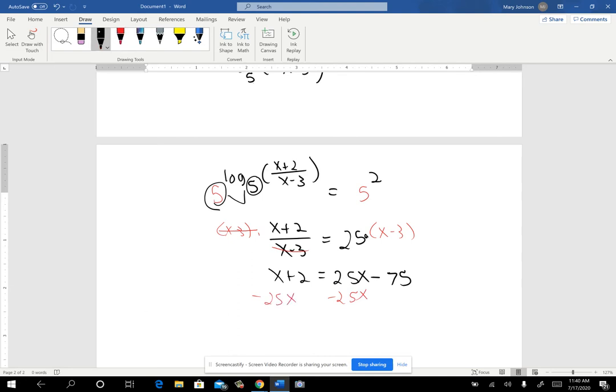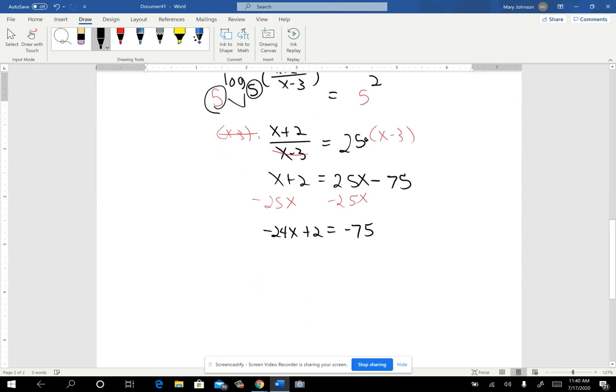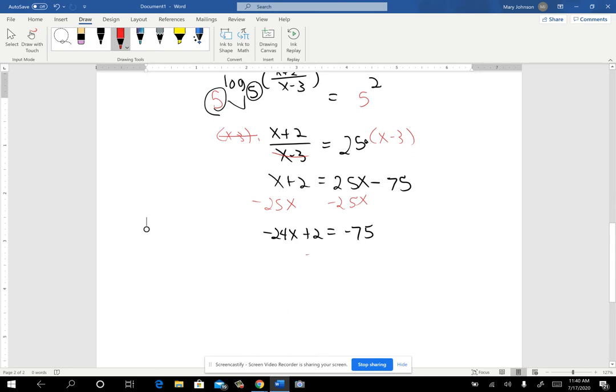Okay, and that's going to give me negative 24x plus 2 equals negative 75. So now I'm going to subtract 2. I get negative 24x equals negative 77. And then I'm going to divide by negative 24 on both sides.